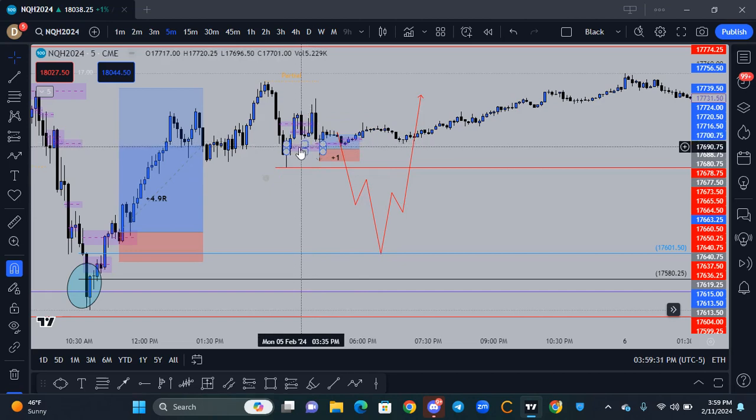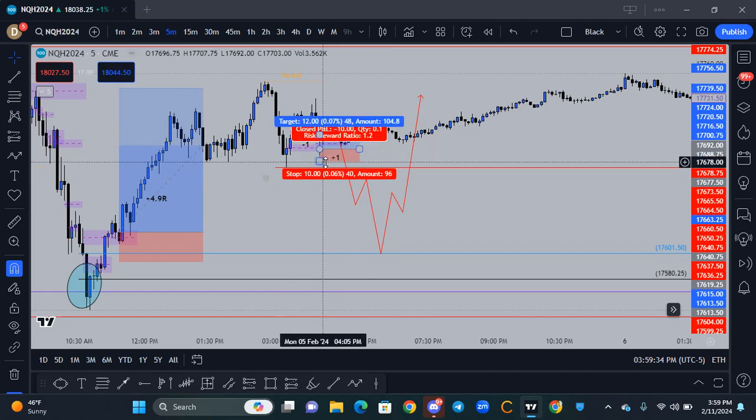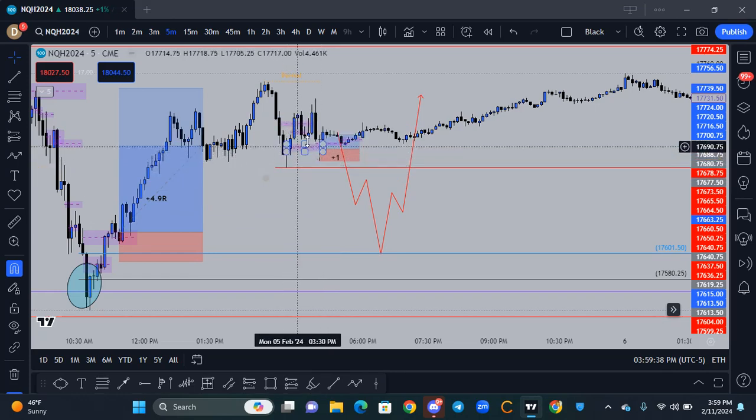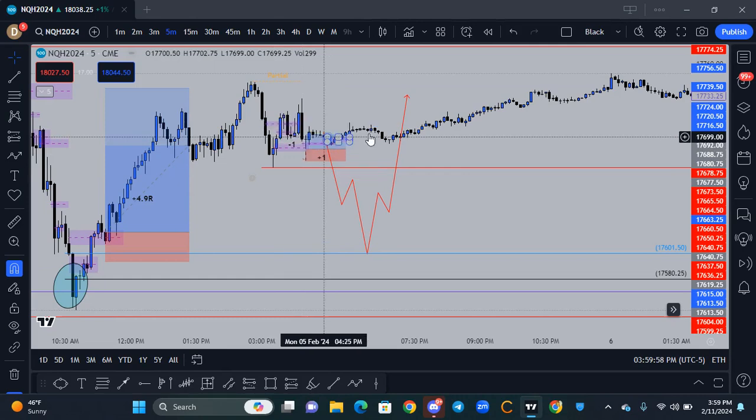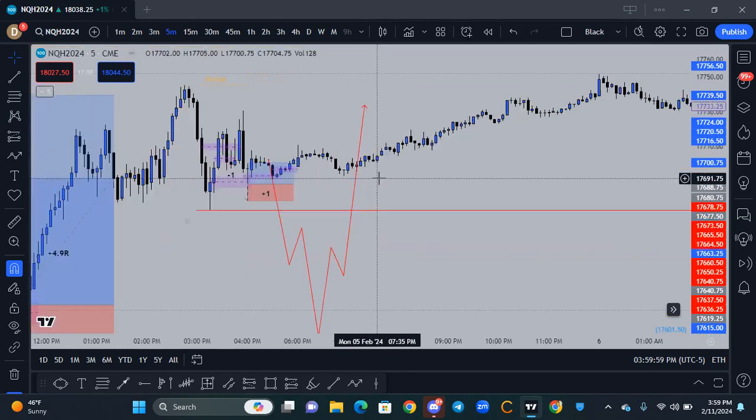I lost this one, and then took this one off of the absorption of that and respect of this. On a lower time frame, I think it was an inversion fair value gap. Who knows? And then the respect of the CE of this wick. Took that buy, put a stop loss right there, came back, took me out quick.